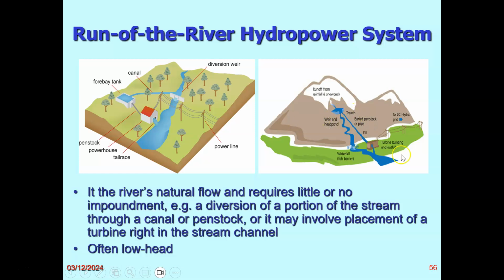As also here in this picture on the right side, you have, for example, the snowpack or the rainfall, which are collected into a reservoir, and then you have the main river, and then a diversion, which can be a barrage, or a small river or a pipe, which drives the water down to the valley, and then you have the powerhouse here, and then you give the water back to the main river. So again, the impact is lower.